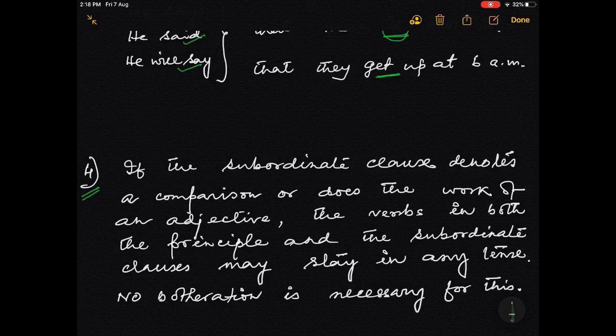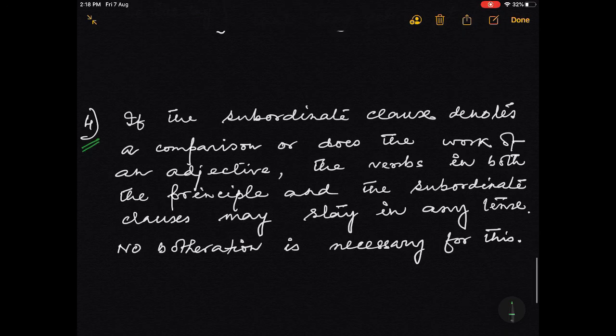If the subordinate clause denotes a comparison, or if the subordinate clause does the work of an adjective, the verbs in both the principal and the subordinate clauses may stay in any tense. No botheration is necessary for this.